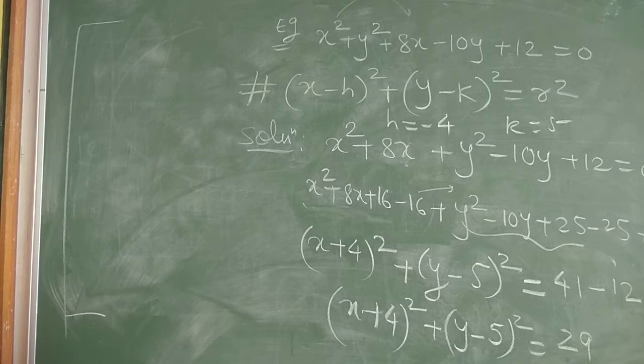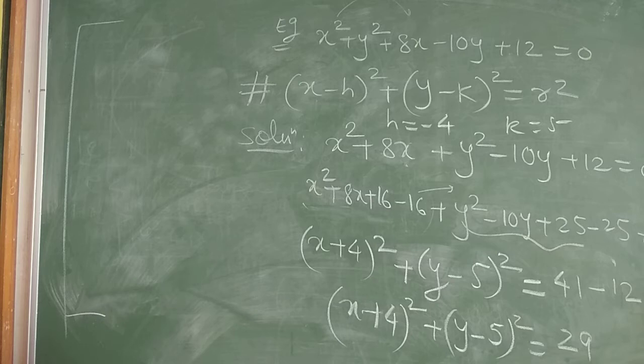If you understand this, then you can easily convert all kinds of questions. Like in exercise 11.1, you have questions number 6, 7, 8 and 9. You can solve them.